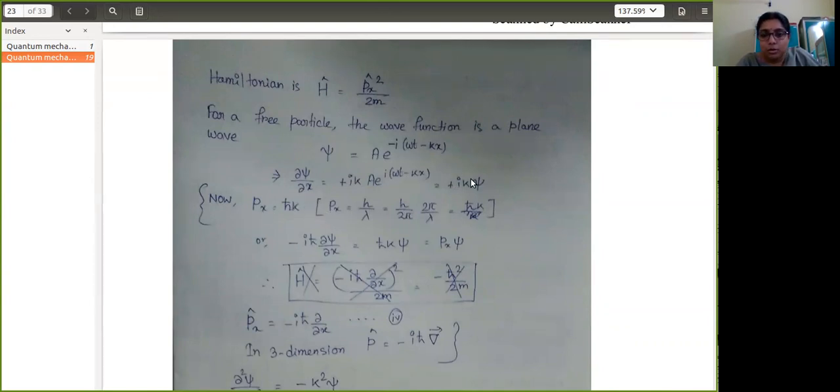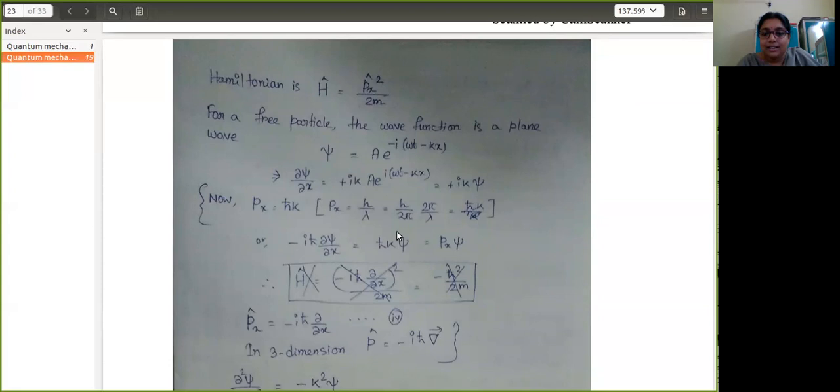Now look at this. We have to get h cut k here. So what do we have to multiply del psi del x with? We have to multiply it with h cut by i. So h cut by i, or minus i h cut, into del psi del x gives you h cut k into psi, which is nothing but px, the value of momentum along the x-axis.